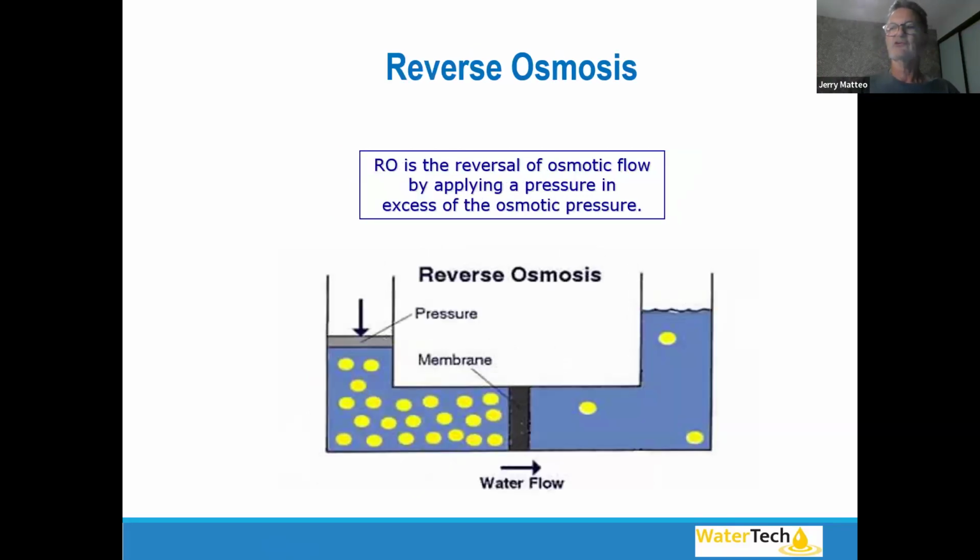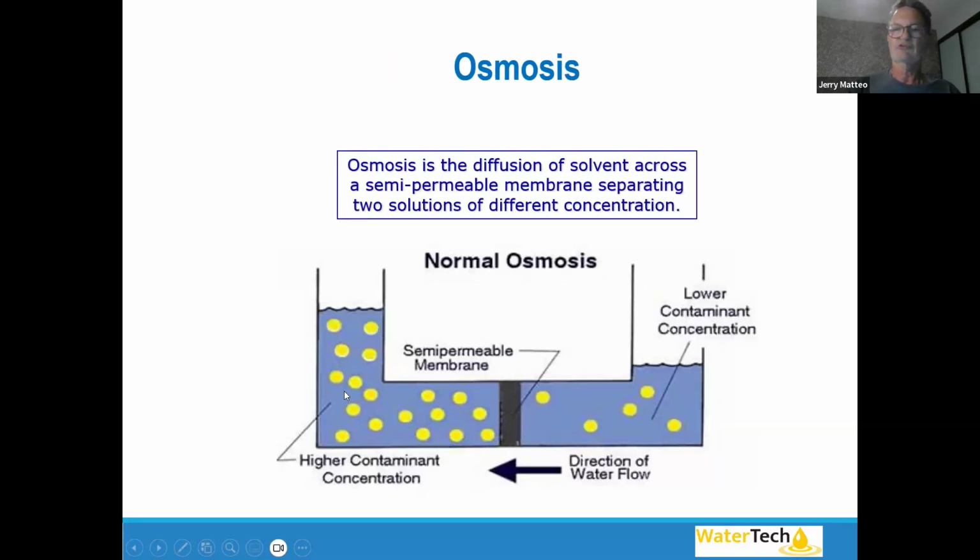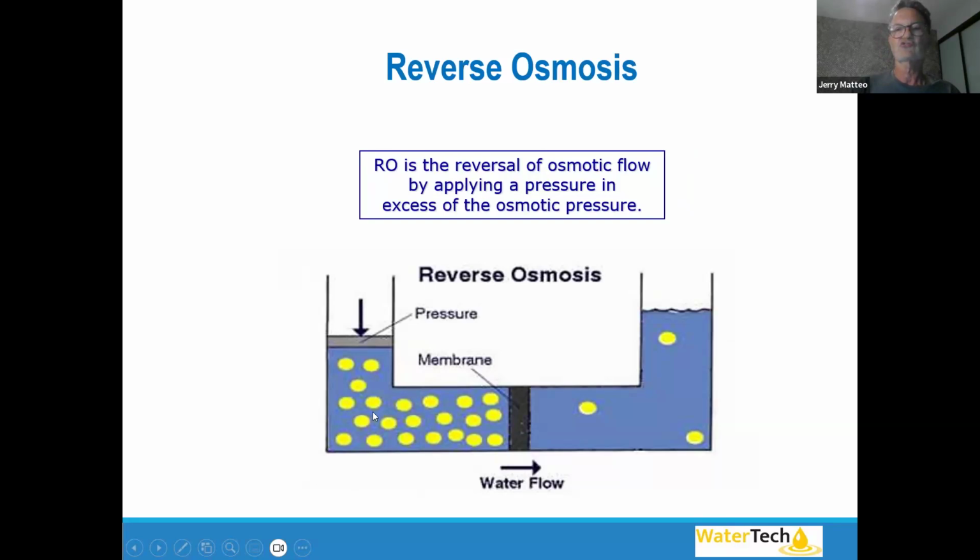Now, the reverse of that is reverse osmosis. If we want to do the opposite, if we want to take a concentrated stream on the left and force the fresh water out of it through our semi-permeable membrane, we must apply a pressure.